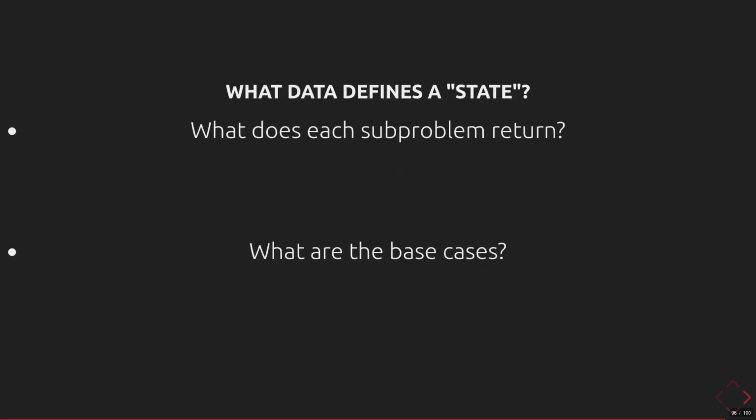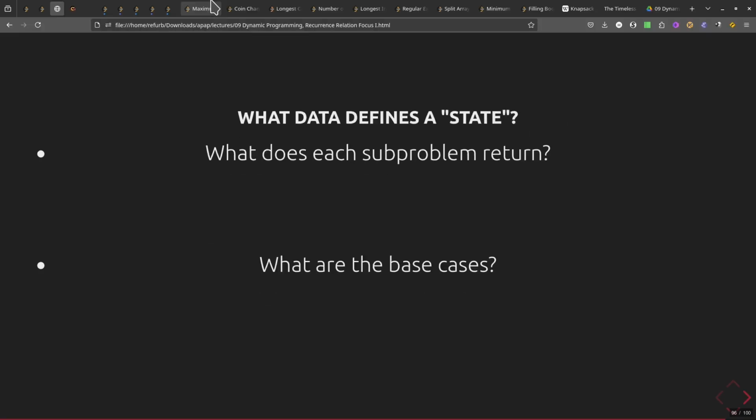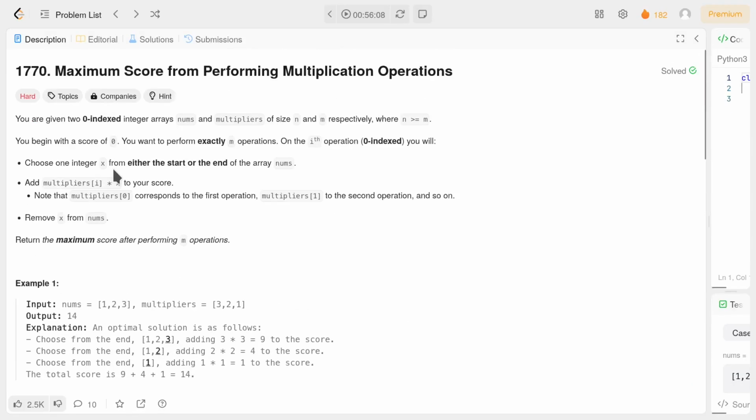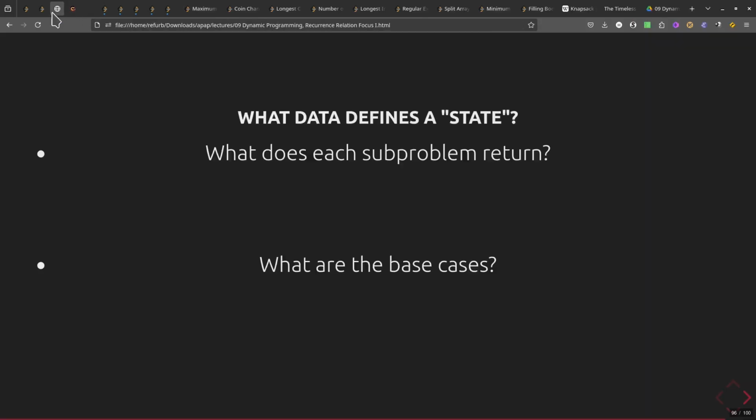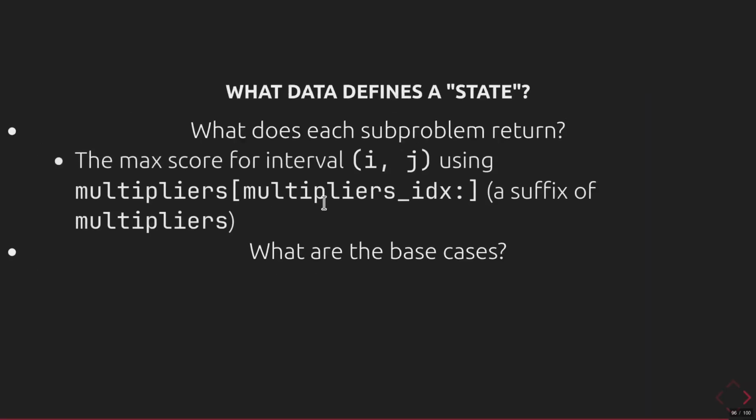So what does each subproblem return? Well, because this is a maximization problem, it should return the maximum score of a particular i and j interval bound with a suffix of multipliers. What are our base cases? Well, you could exhaust multipliers. Hopefully this is starting to feel very familiar to you.